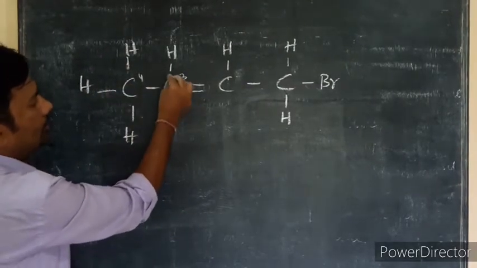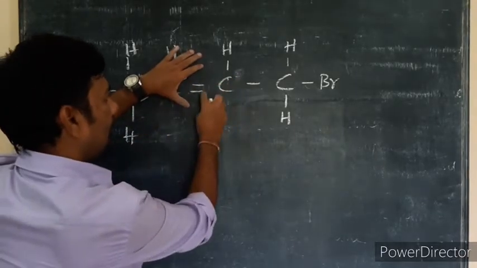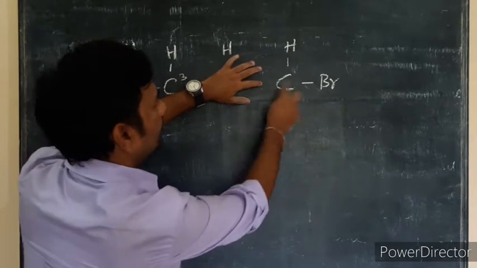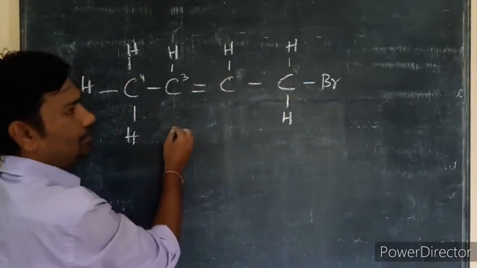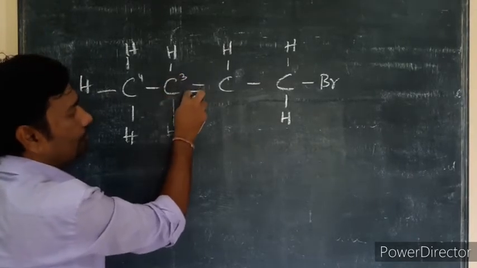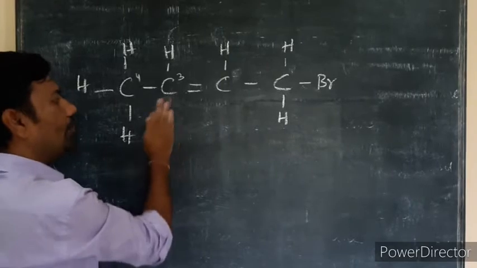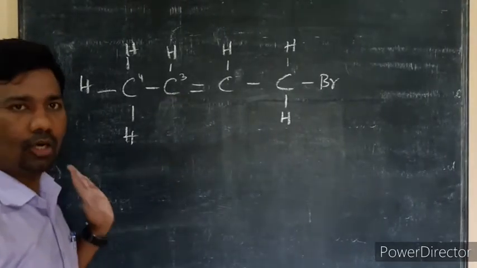Check it, this is over. Then 1, 2, 3, 4, this is over. Don't add like this. If you add an H here, 1, 2, 3, 4, 5, how is it possible? Carbon has only 4 valency electrons, so adding one more H here is wrong.